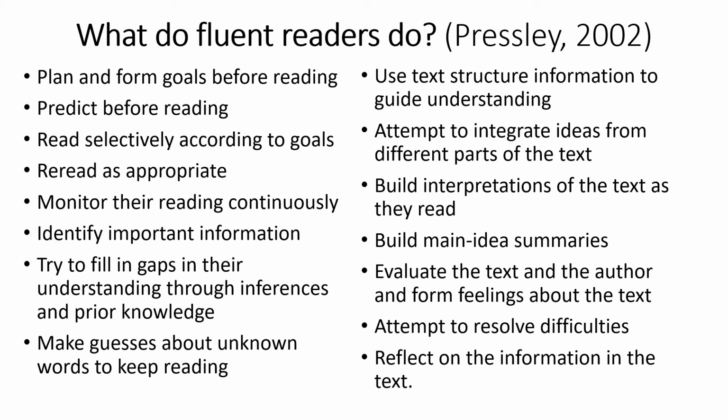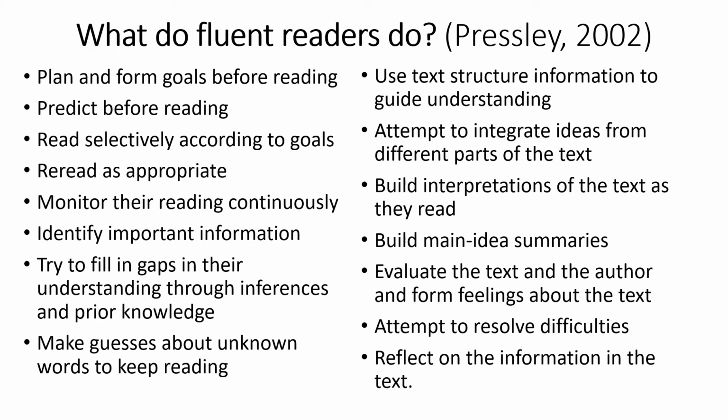of graphic organizers. So coming back to the list, fluent readers attempt to integrate ideas from different parts of the text. They build interpretations of the text as they read. They build main idea summaries. They evaluate the text and the author and form feelings about the text. So a lot of emotional processes are also involved in the process of reading.